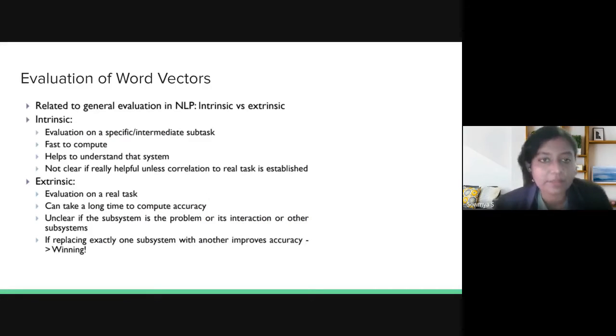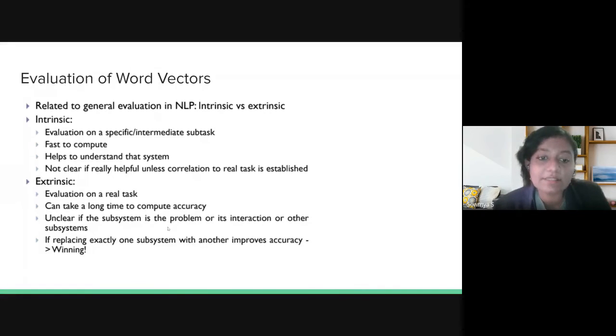Before that, let's quickly look at how word vectors are evaluated. We have two kinds of evaluation: intrinsic and extrinsic. Intrinsic means that it is evaluated on a subtask, meaning it is evaluated on how good the vector itself is.